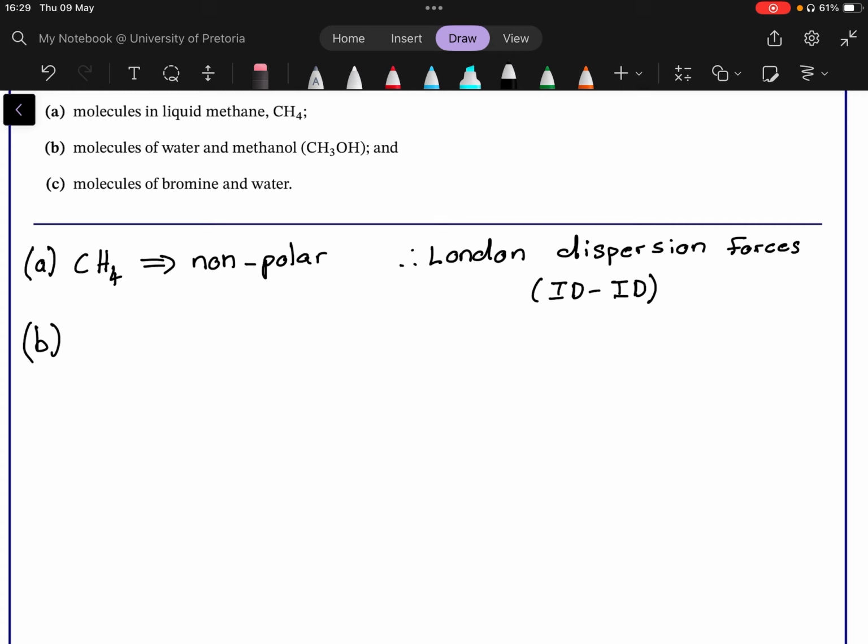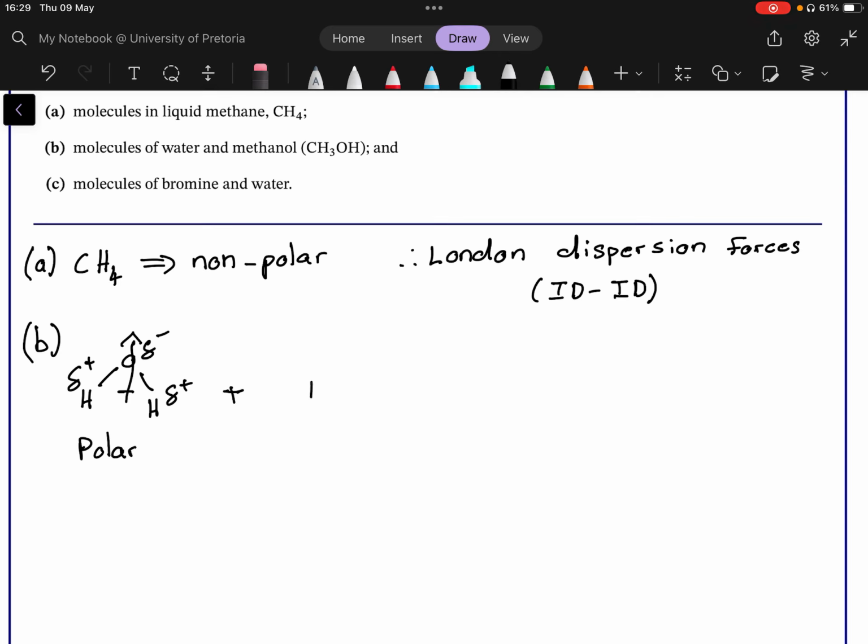B, we're told molecules of water and methanol. So let's just draw water. Water we know is a polar molecule. There is a dipole moment. More importantly, it's because the hydrogen is slightly positive and the oxygen is slightly negative, so this is polar.